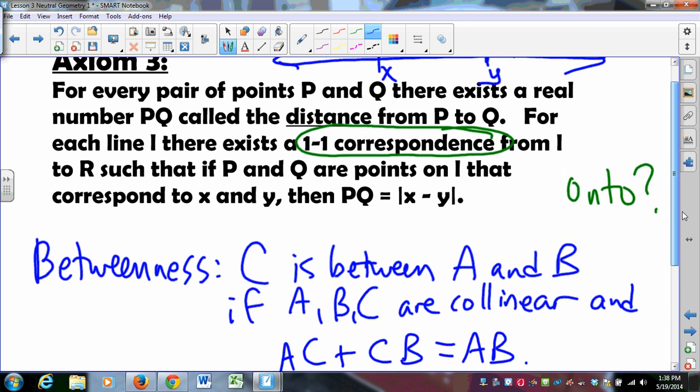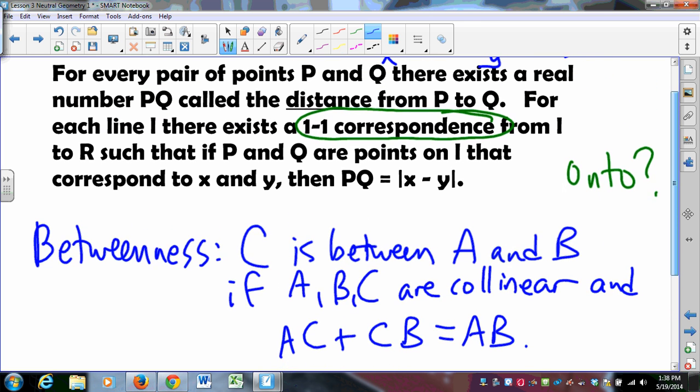It's one of the things in a high school geometry class that we do really, really early on. I've got my line segment AB, and I'm going to put some point C on the line segment. How do I know if C is between A and B?